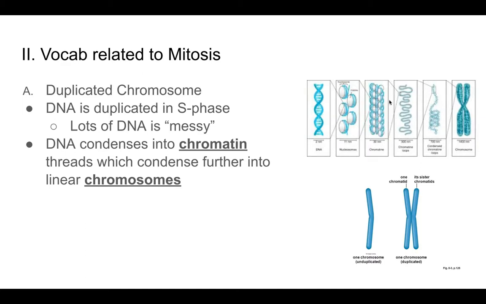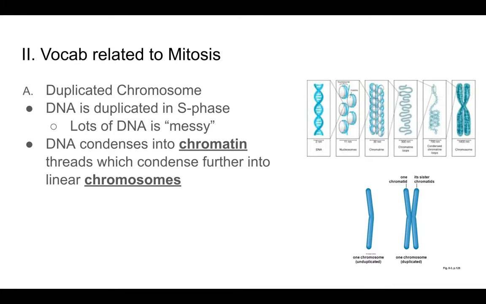And really at this state, it's already DNA that's been compacted a little bit, organized a little bit. Well, this chromatin continues to condense itself and stick together, and it eventually forms these structures that we recognize down here as chromosomes. And so when we look at particularly the M phase, mitosis and meiosis, we're going to see chromosomes. Chromosomes are really just a bunch of very neatly compacted DNA.